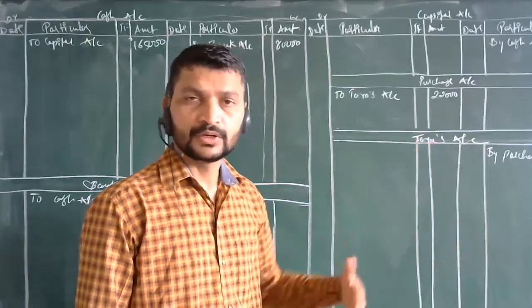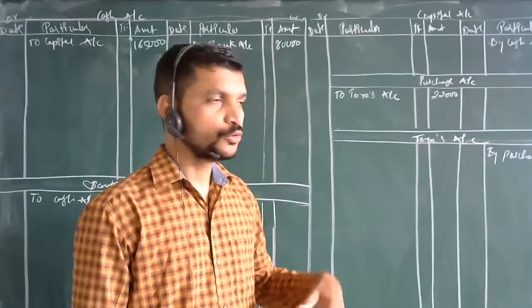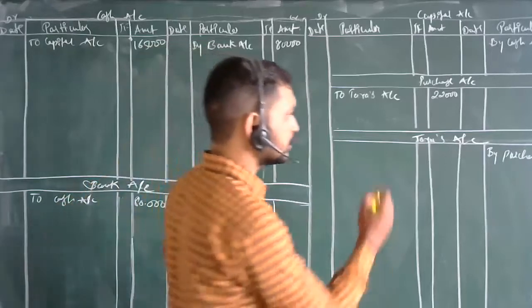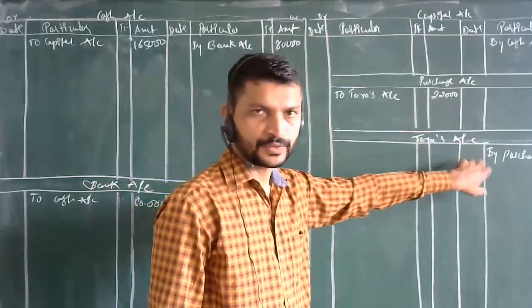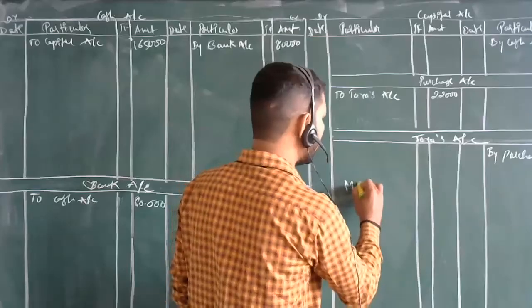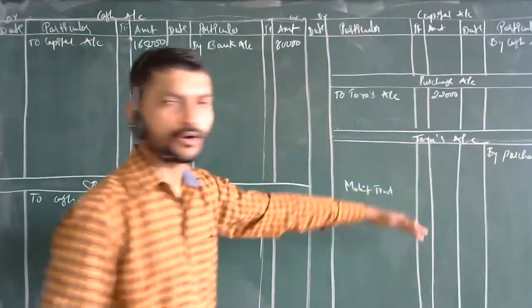You are going to purchase the raw material not only from a single person, you may have another dealer as well. So here it is Tara's account, means you are purchasing goods from Tara. If another one is there, just like you are purchasing goods from Mohit traders, again you will be having a different account over here.